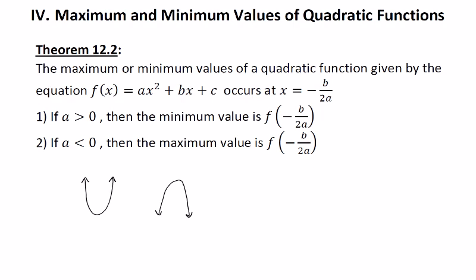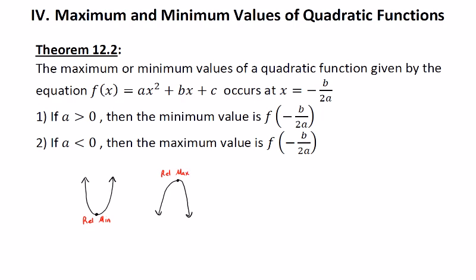When we're looking at the parabola that opens up, the vertex is located at the relative minimum. When we're looking at the parabola that opens down, the vertex is always located at the relative maximum.